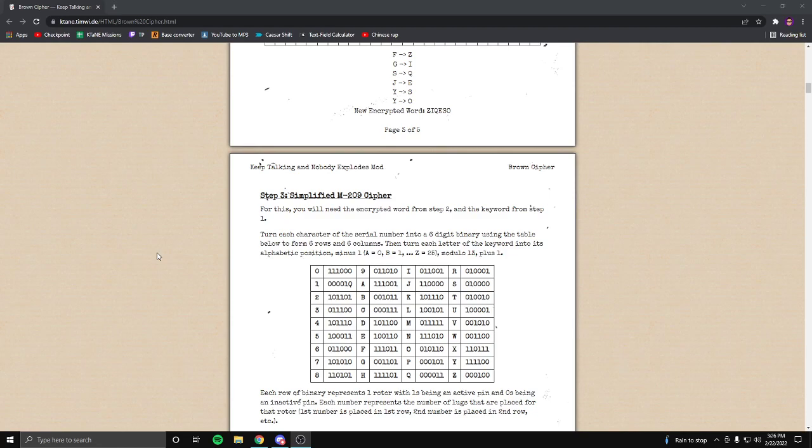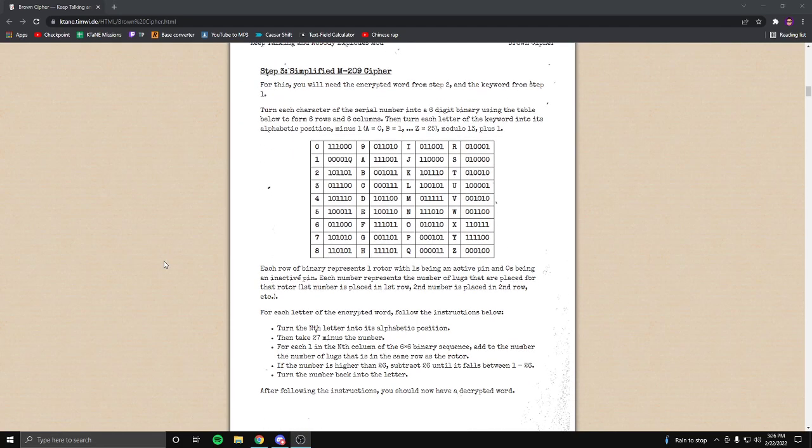T, 0 1 0 0 1 0. U, 1 0 0 0 0 1. V, 0 0 1 0 1 0. W, 0 0 1 1 0 0. X, 1 1 0 1 1 1. Y, 1 1 1 1 0 0. Z, 0 0 0 1 0 0.